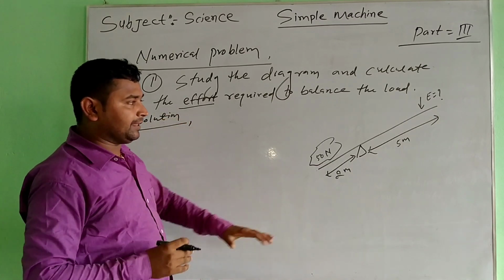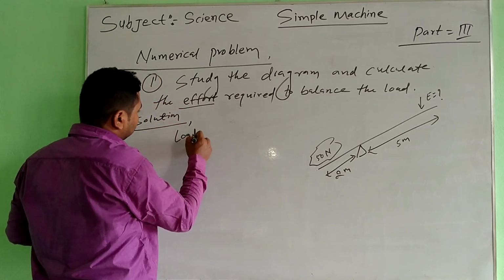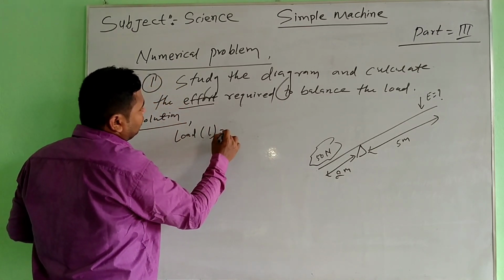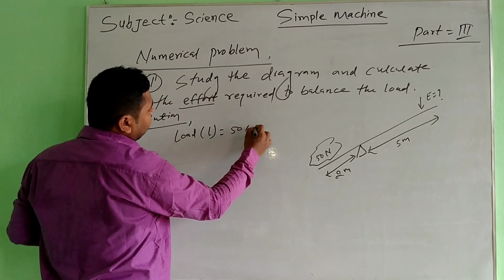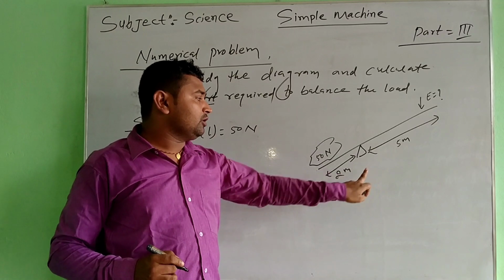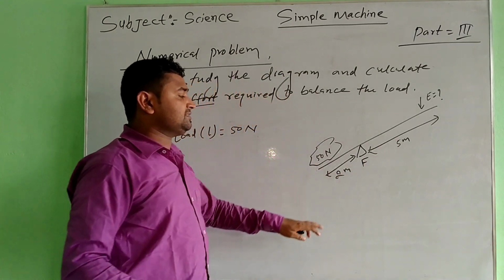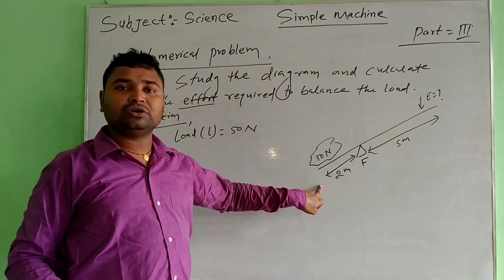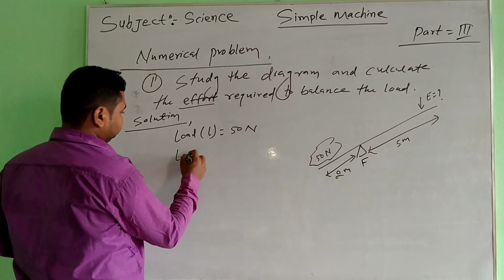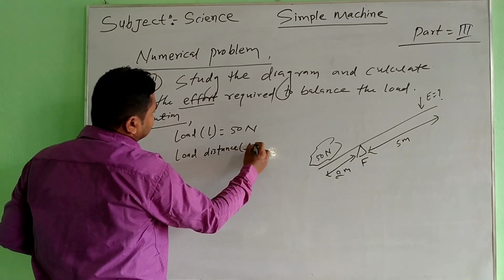You have seen the diagram clearly. Here the load L is how much? 50 Newton. And the distance between the fulcrum and the load is the load distance, LD.